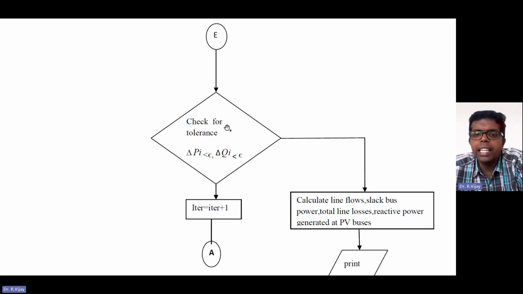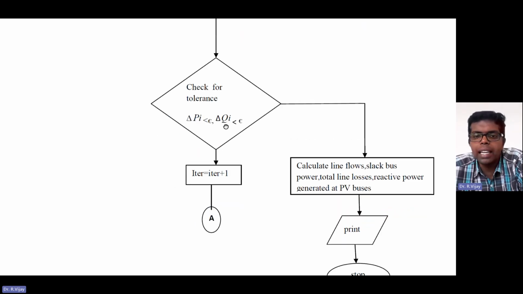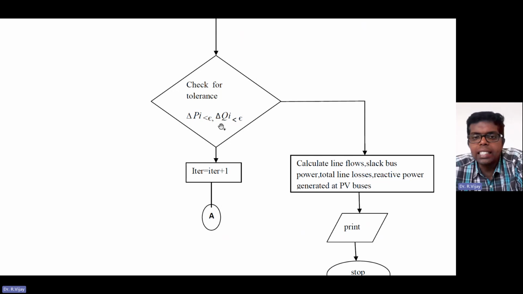Next, check for the tolerance limit. As we did in our Newton-Raphson method, we need to check the tolerance limit. That is, del PA is less than delta and del QA is less than epsilon. That is the tolerance limit. Generally we take it as 0.001, and it is user defined. It is not mandatory that you have to take 0.001.